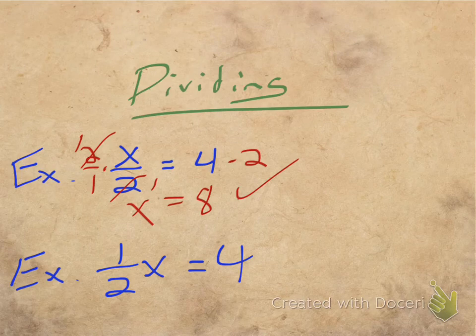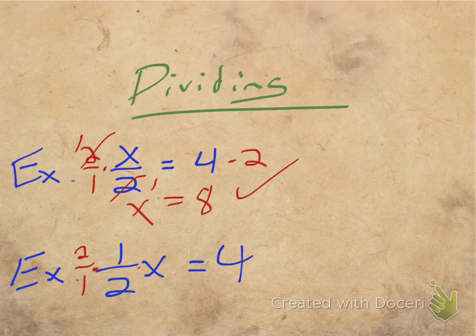Checks out. Now let's do this one down here. This one looks like the same thing. We're actually multiplying by half, but when you multiply by half, you're actually dividing by 2. So really, you can just multiply by 2 over 1, which is its reciprocal. Remember, a fraction multiplied by its reciprocal gives you 1.